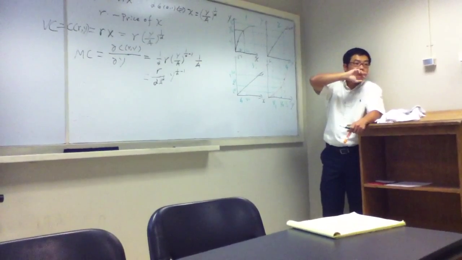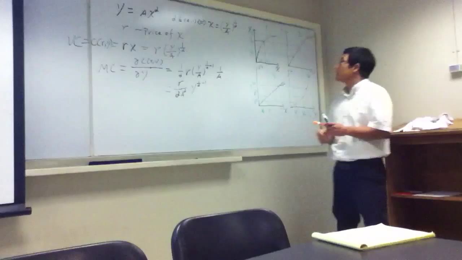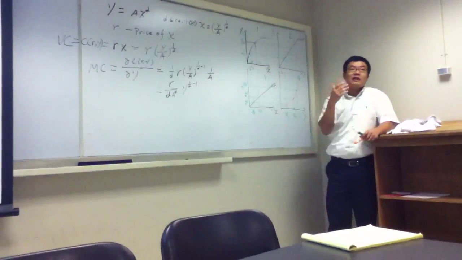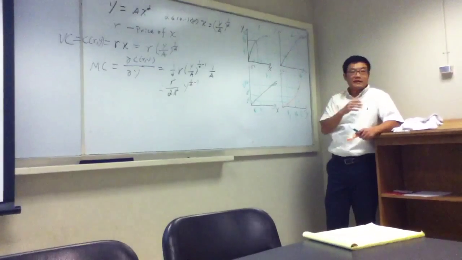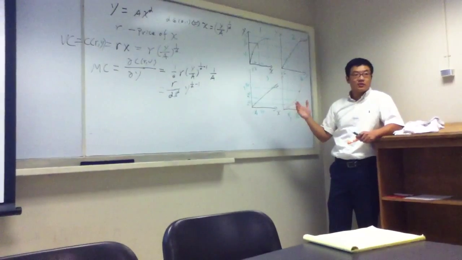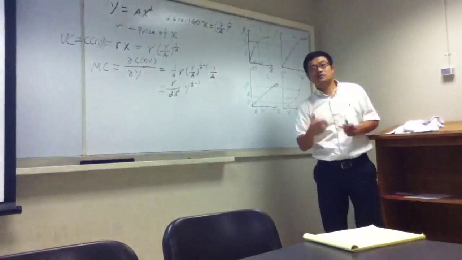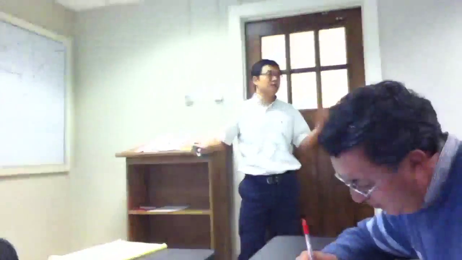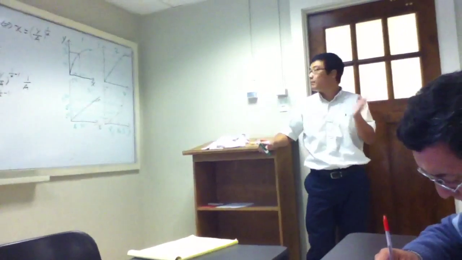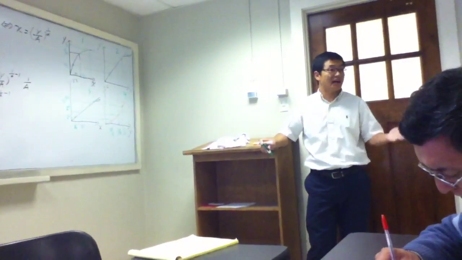So what does that mean? Using plain English, with diminishing marginal returns, when I increase my input level successively, the additional y I can produce by increasing my x is going to decline.